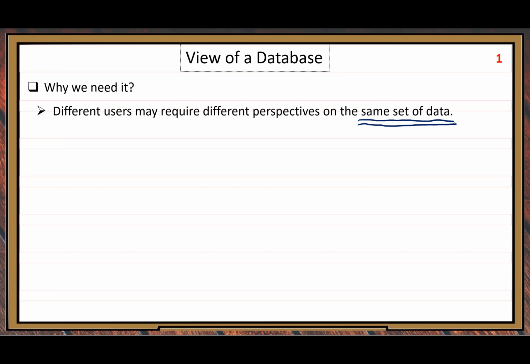Different users are interested in different parts of the data. We do not need to look at the whole table. We only want to view part of it. Different users want to view different parts.